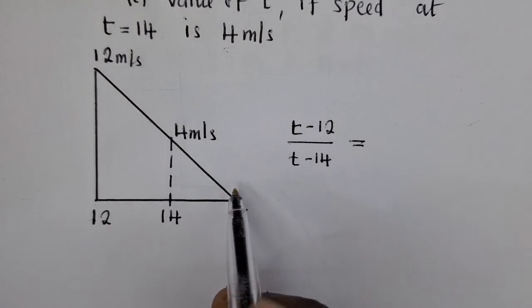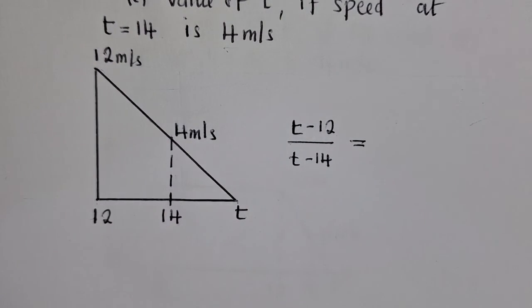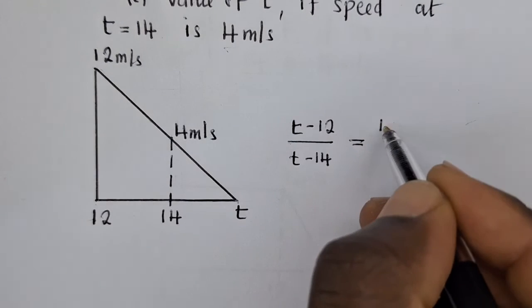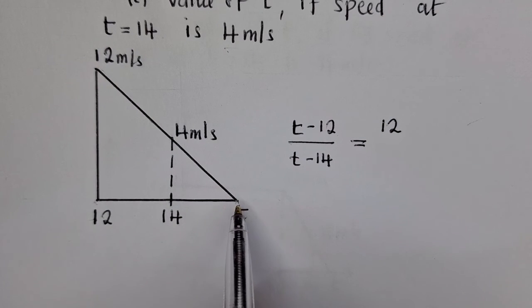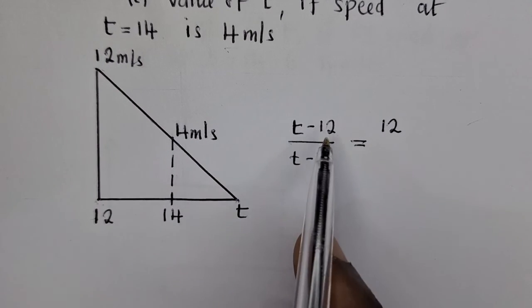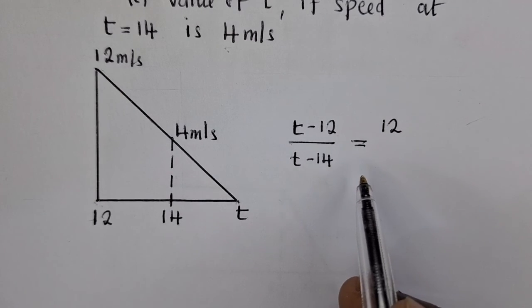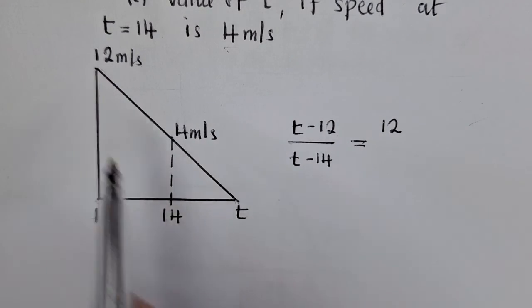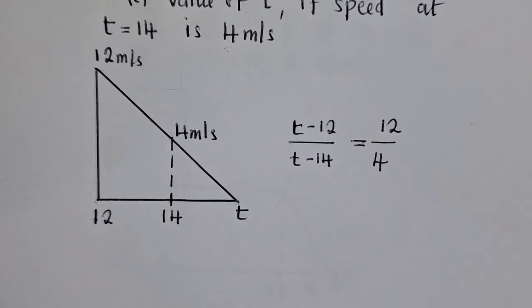Which speed are we supposed to get first? Is it the bigger speed or the smaller speed? It's the bigger speed, which is 12. Of course, we started with the bigger length, from here to here, over from here to here. So even for the speed, we start with the bigger speed, which is 12, over 4, which is the smaller speed.